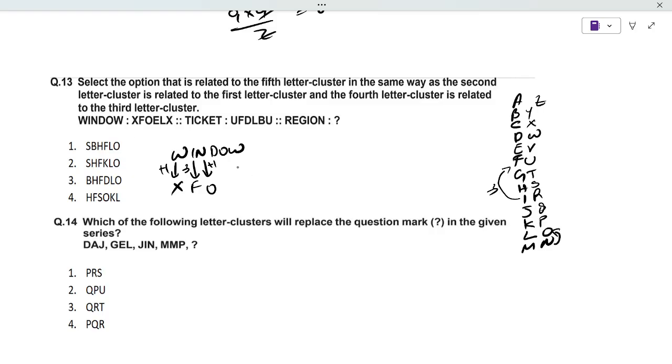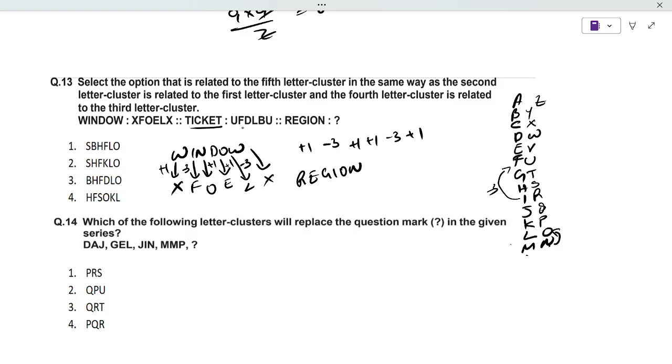D, for D we have E. Oh, here we're getting only plus 1. D plus 1. O, we have L. O minus 1, 2, 3. Minus 3. This should be plus 1. WX. So we're using a pattern. First we plus 1, then subtract 3, plus 1 in the middle, and minus 3, plus 1. So let's try with REGION.